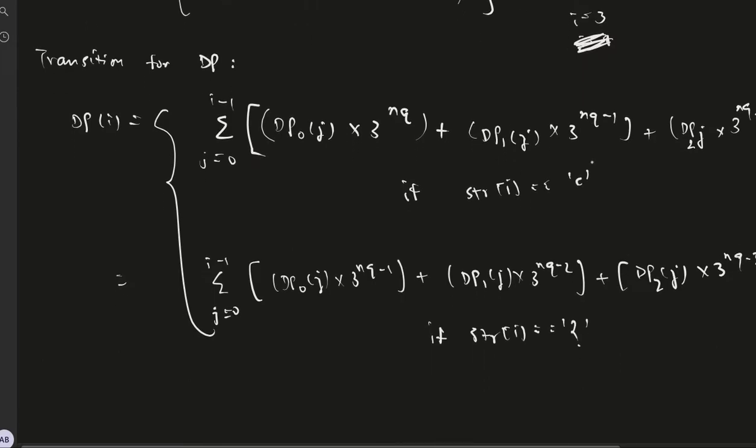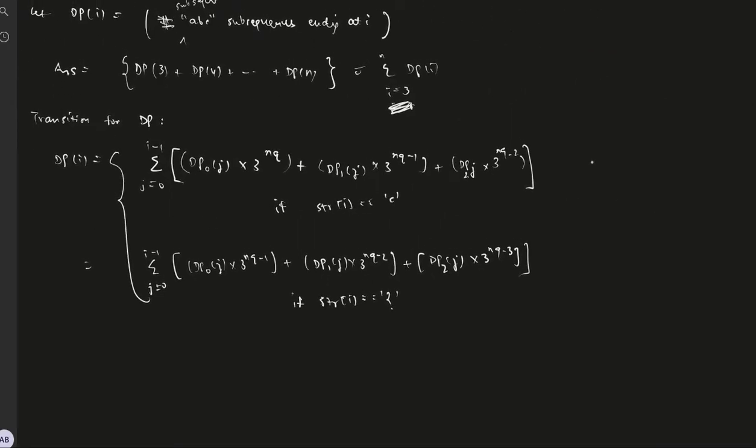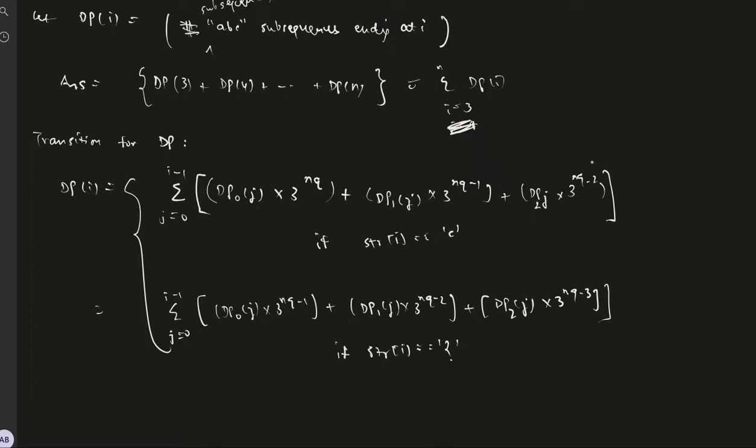Okay, so the transition for our dp would look like this. Let's say, for example, that none of the indices i and j were originally a question mark, right?